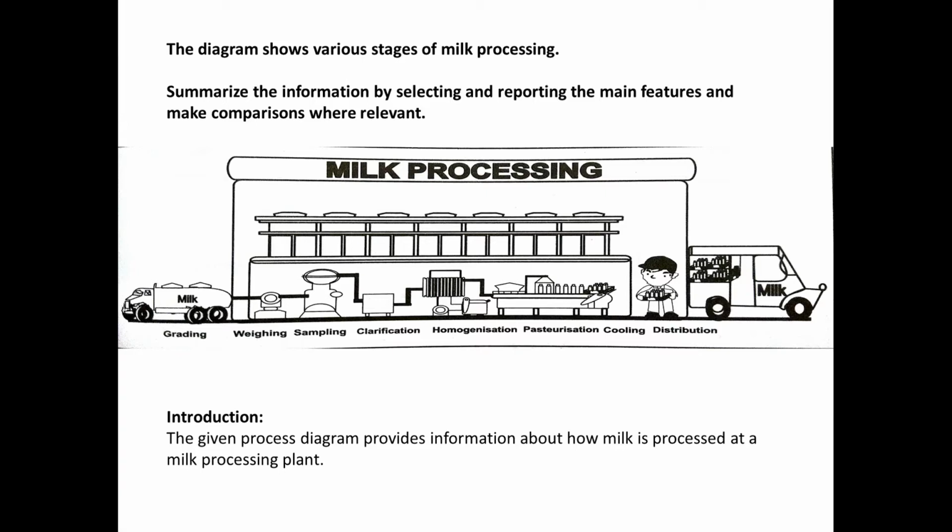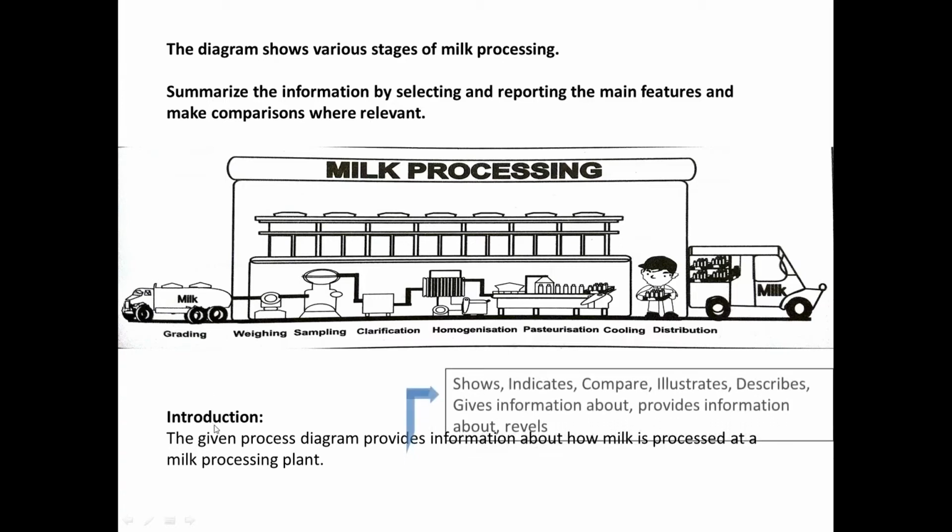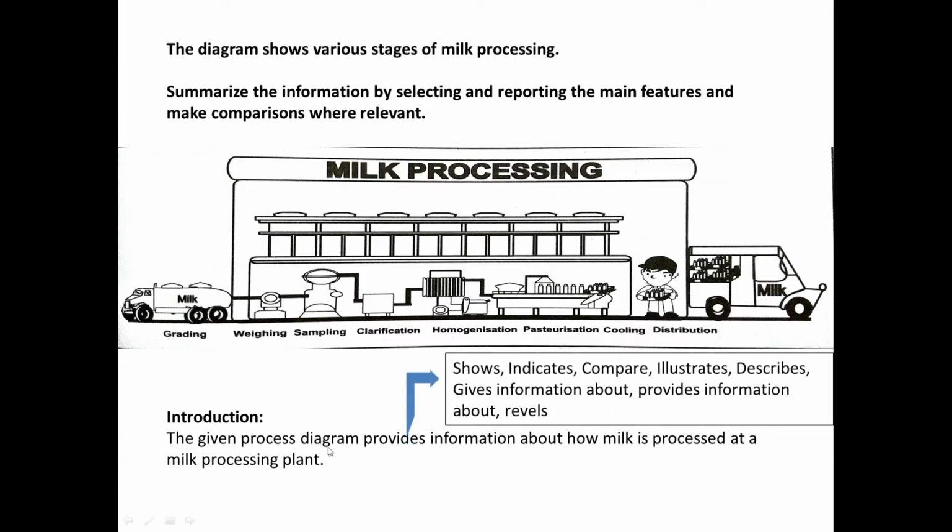the given process diagram provides information about how milk is processed at a milk processing plant. So I have just used some synonyms and changed the sentence here. Firstly I have used here "diagram provides information about".